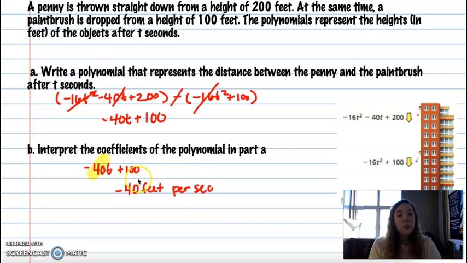And if they wanted us to interpret this 100, it means that there's 100 distance in starting. Like this one started at 200, this one started at 100. The difference in the initial start distance was 100. But that -40 would be that it's going down 40 feet per second, and that would be essentially our slope.